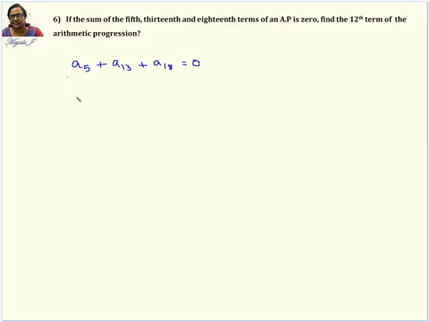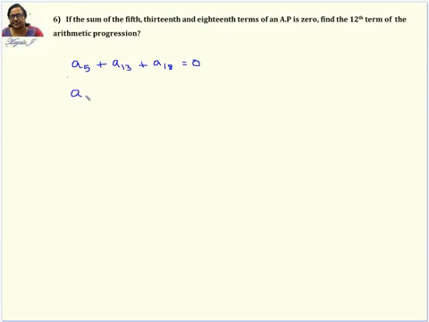Tell me now how to write this A5. A plus 4D, ma'am. Yes, ma'am. Write it down. A plus 4D. Good. The next term.